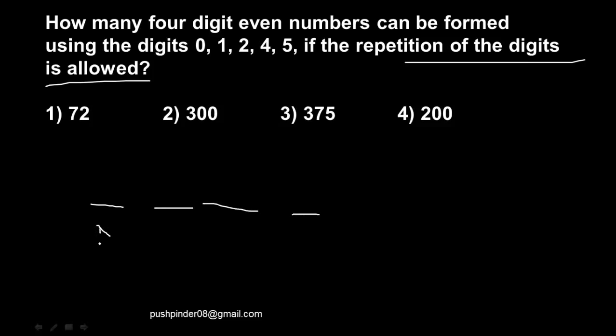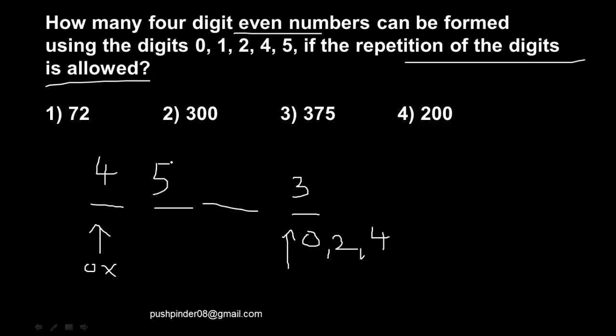Over here 0 can't come, but over here only 0, 2 and 4 can come, since you're forming even numbers. So over here you can fill only 3 numbers. Over here 0 can't come, so you can fill in any of the 4 numbers. Over here you can fill any of the 5 numbers, any of the 5 numbers, since repetition of digits is allowed. So your answer is nothing but 300.